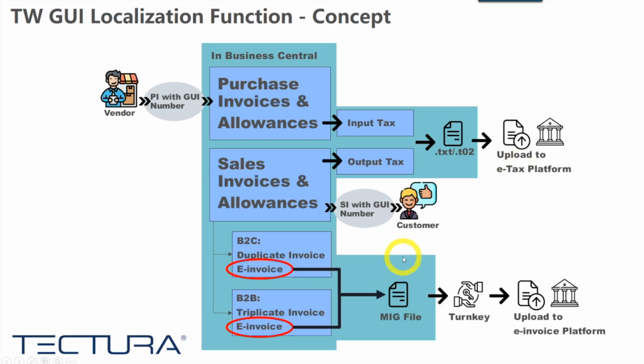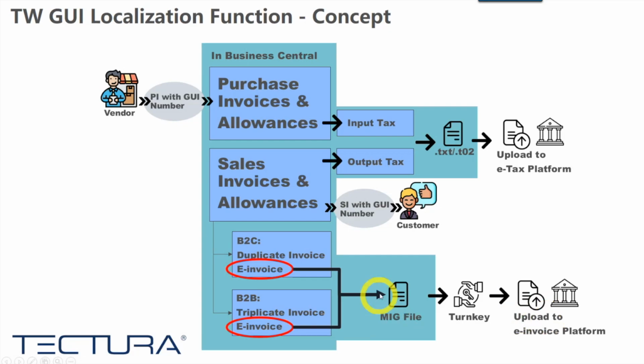The other thing that we have to generate is e-invoice information. There will be a make file generated. It's a kind of XML type of document. We call it make file. If we create a sales invoice with GUI number, no matter whether it's B2B or B2C, we must file it to the e-invoice platform within the regulated time.